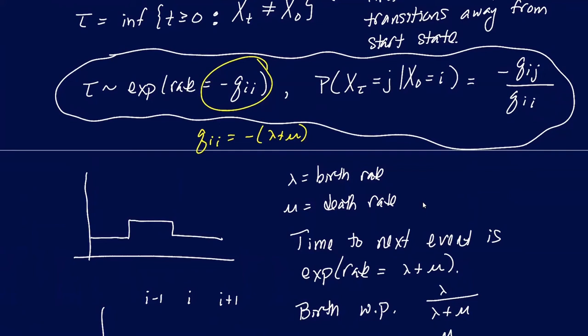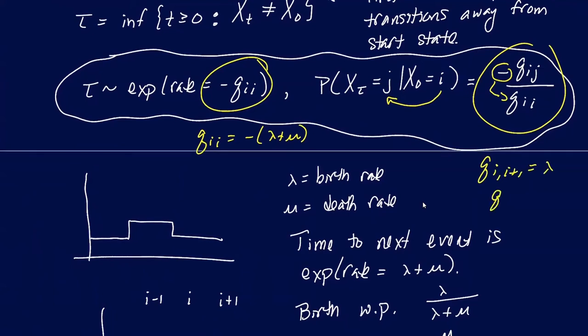And then this, it's easier to think about with this negative on the bottom. The probability, say you go from, in my M/M/1 example, i to i plus 1. So if j was i plus 1, then Q_i,i+1 is lambda, and Q_i,i+1 over Q_ii is lambda over lambda plus mu.